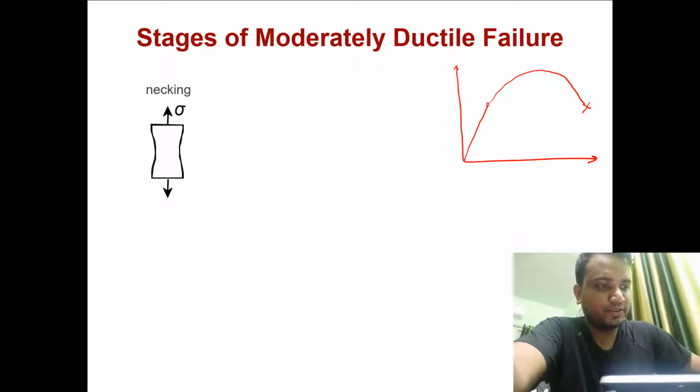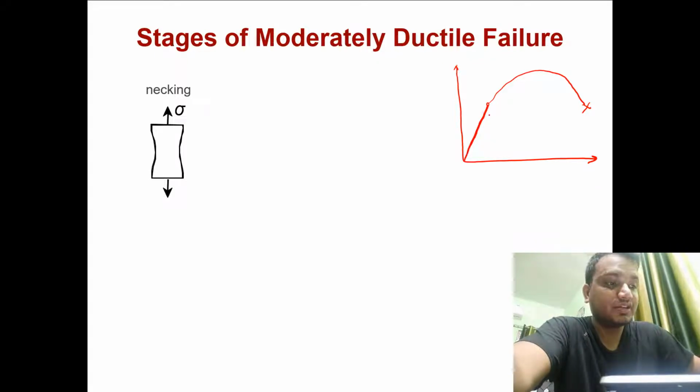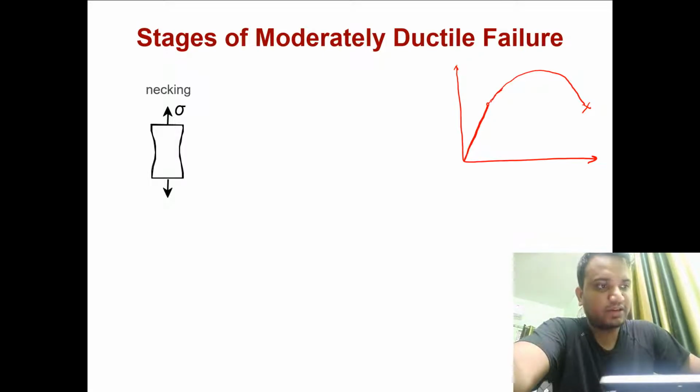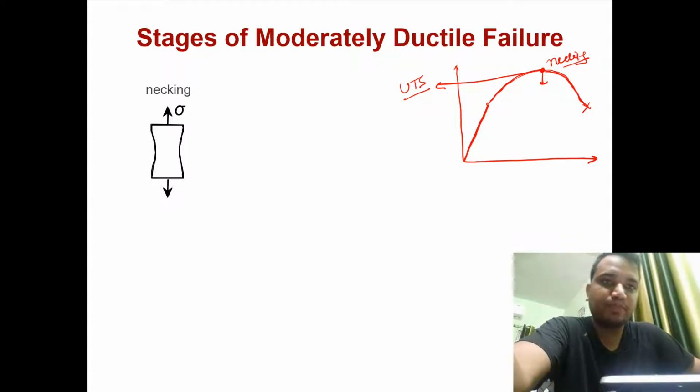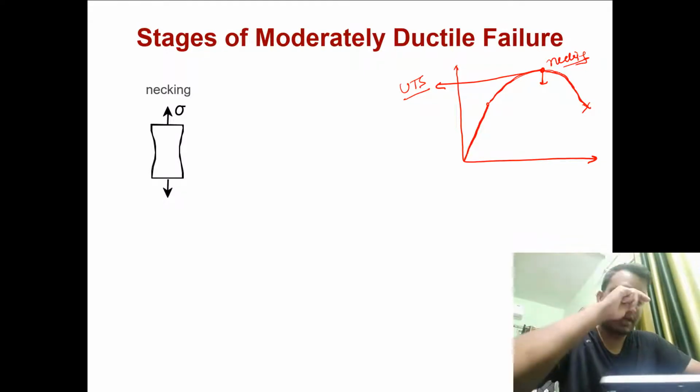This is the point up to which it will be elastic, that means it is a straight line, then it will curve, and it starts curving with a higher stress. Then after this, somewhere at higher stress, it starts decreasing. This highest point is called the UTS, and here the necking phenomenon happens, because after this the material is not able to bear load because the thinning will happen.